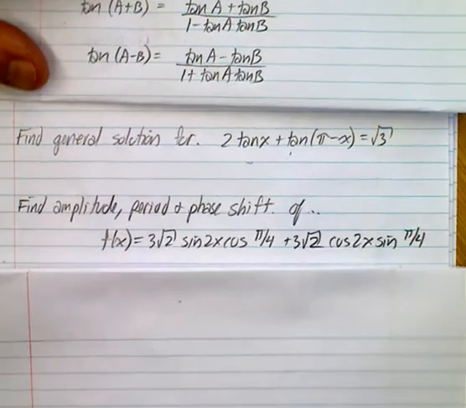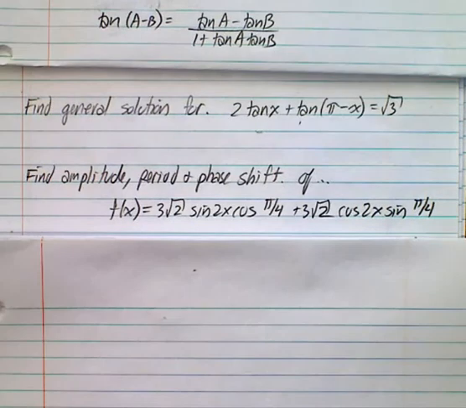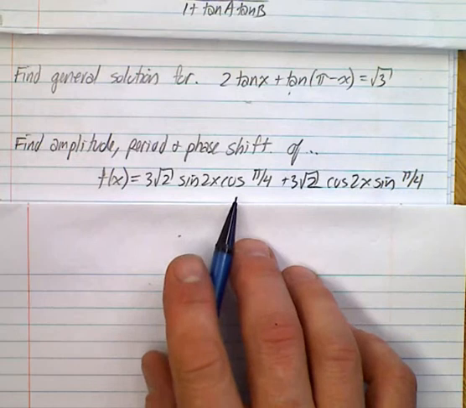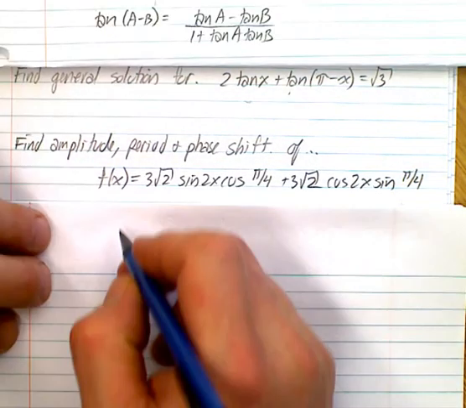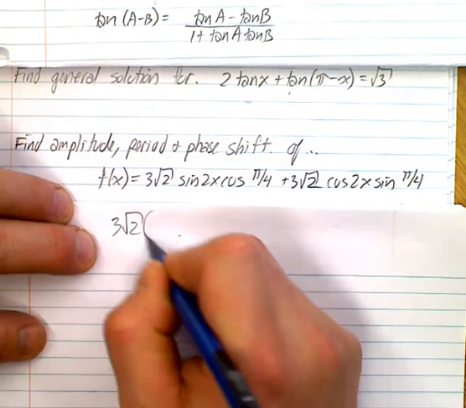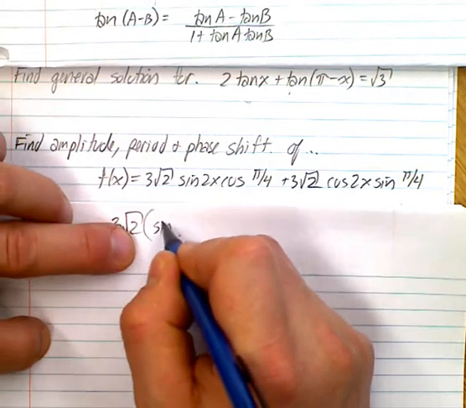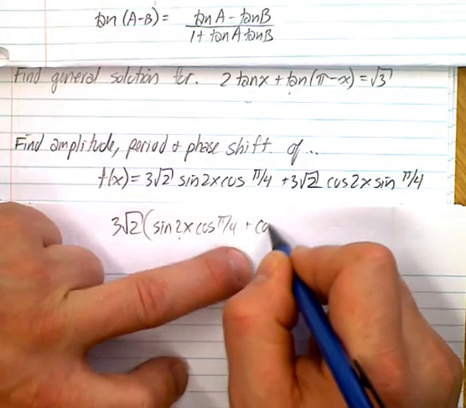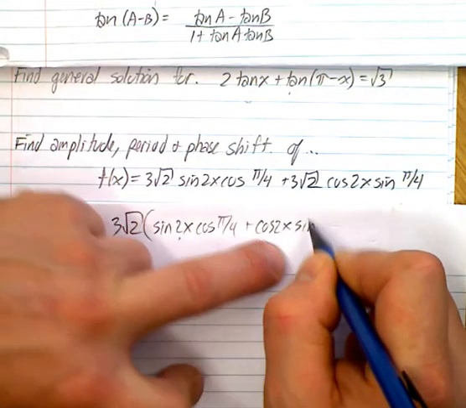I got one last one here that I wanted to show you quickly, but it's working backwards a little bit, right? First of all, I want you to see that you can factor out a 3 root 2, and then you've got sine 2x cos pi over 4 plus cos 2x sine pi over 4.